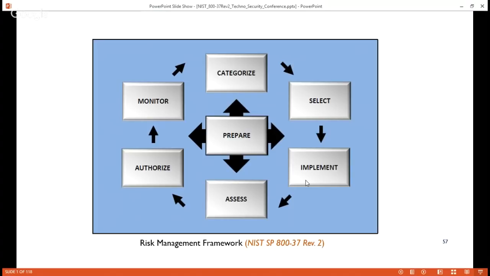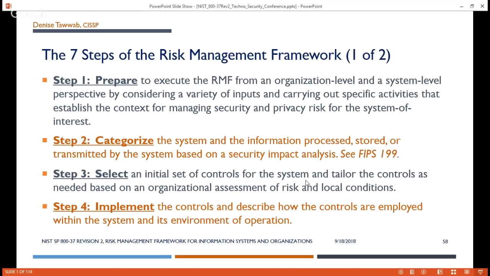And then you categorize, select, implement, assess, authorize, and monitor. All right, step one, prepare to execute the risk management framework from an organization and system level perspective by considering a variety of inputs and carrying out specific activities that establish the context for managing security and privacy risk for the system of interest. Step two is categorize the system.